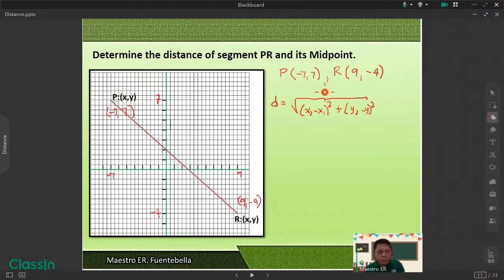If you assign P as your sub 1, R as your sub 2, then x sub 1 is negative 7, while x sub 2 is equal to 9, y sub 1 equals 7, and y sub 2 equals negative 4.